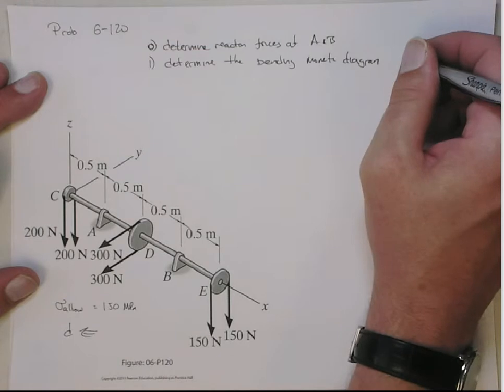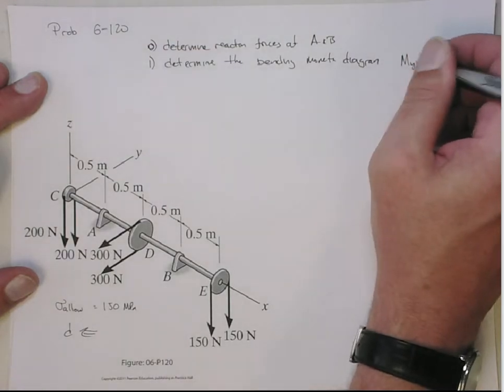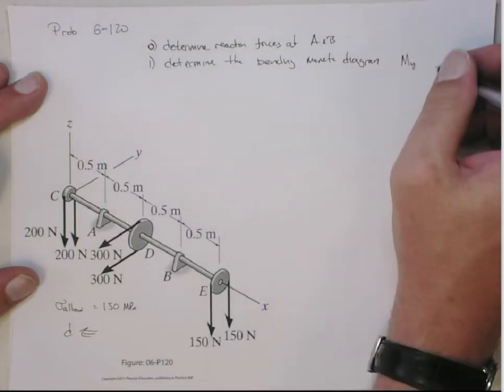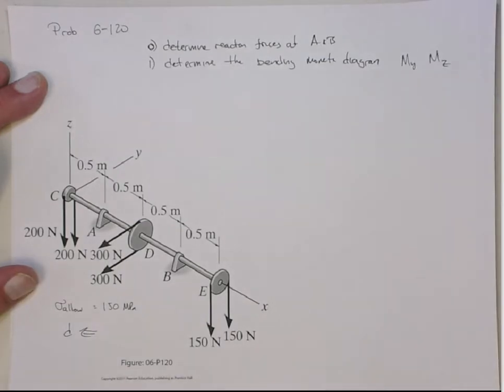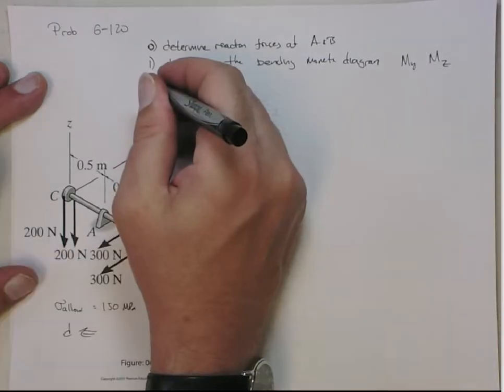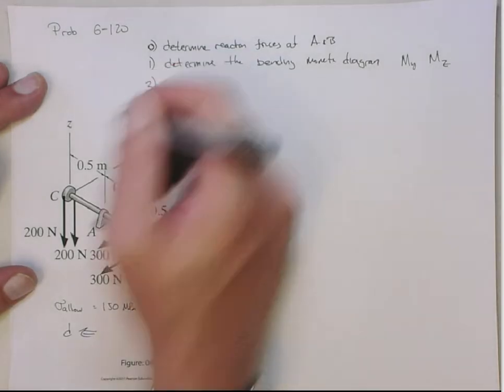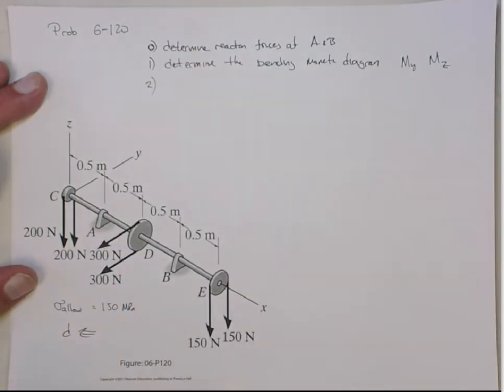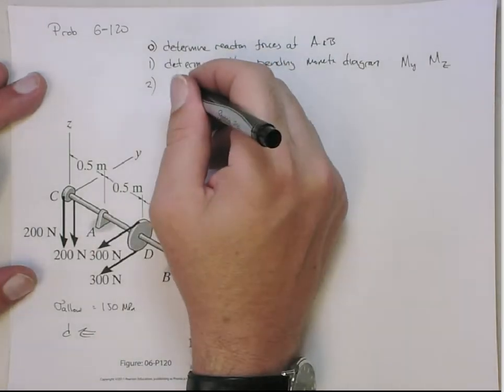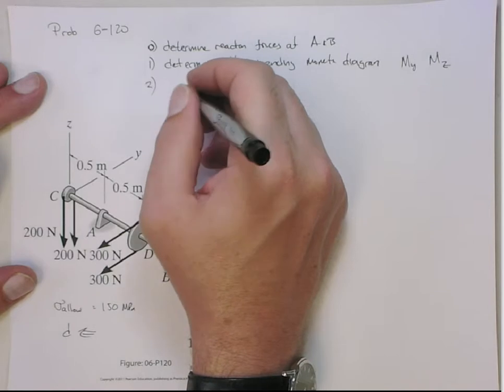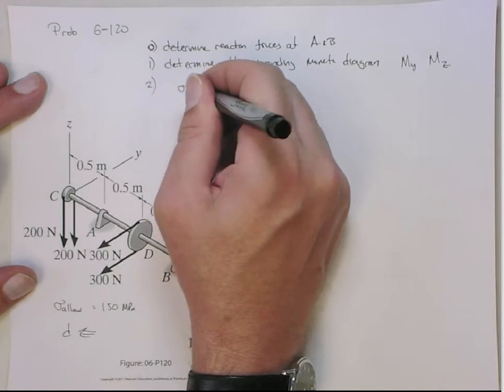So we're going to need to get the bending moment around the y-axis, that's the bending in the zx plane, and then also the z bending moments. Once we know that, we'll have to use that to figure out which points have the maximum stress, and then use that in the design equation.